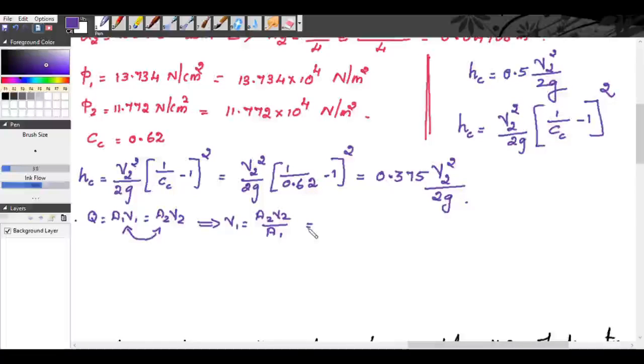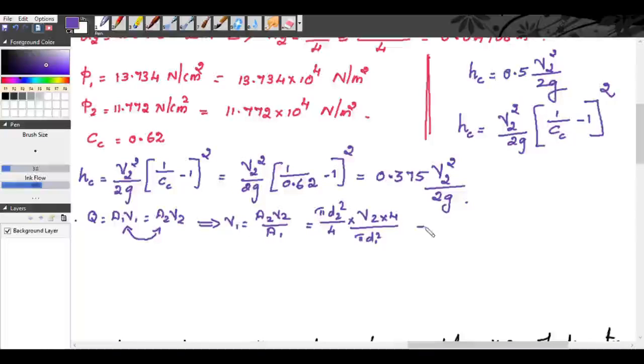Substituting, A2 is pi D2 square by 4 into V2 divided by A1, which is pi D1 square divided by 4.